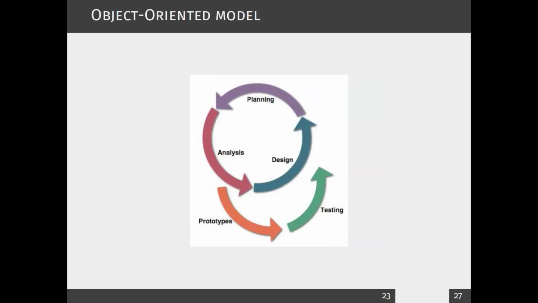But when you want to build a prototype one phase at a time, which is now common today, you can see planning, analysis, and designing, which will develop the prototype, and that prototype we can use for testing. So this is how we select the object-oriented model.